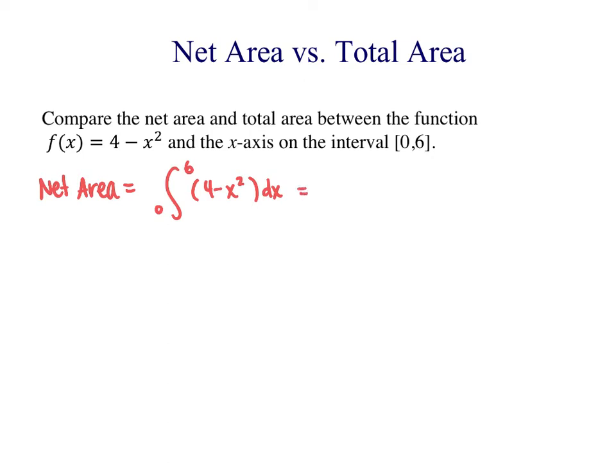I don't have to partition that. I don't have to break it up. That's what net means. And so we'll do our brackets to show that we're doing an antiderivative. We'll do 4x as our antiderivative, minus x cubed over 3, plus c, don't forget the plus c, from 0 to 6.